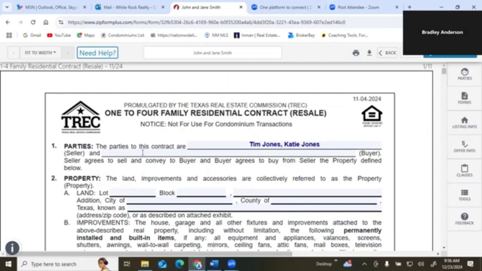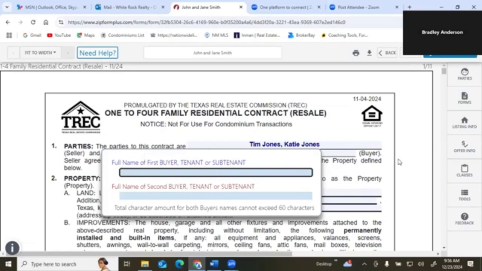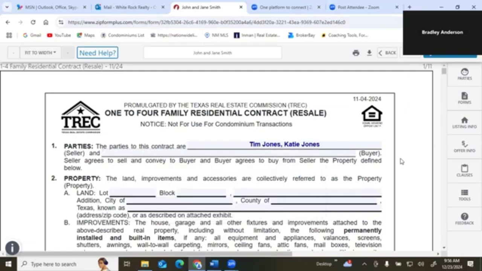Now, here's the deal. Even if the home is only deeded into one name, Texas law is such that when you go to sell a home, even though it may have been purchased under one name, if there is a marriage or even a cohabitation, Texas is a common law state.